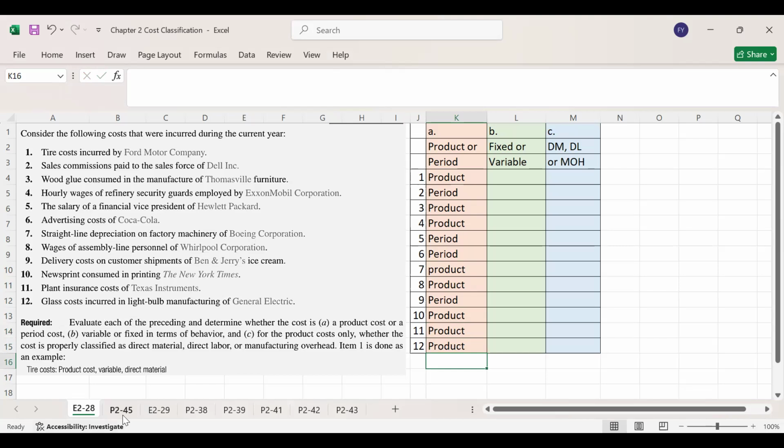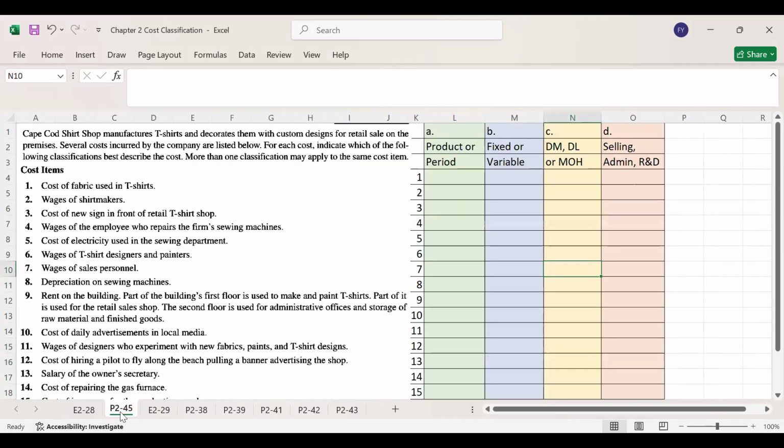We have another example, problem 2-45, which will differentiate a product cost from a period cost. Cape Cod Shirt Shop manufactures t-shirts and decorates them.